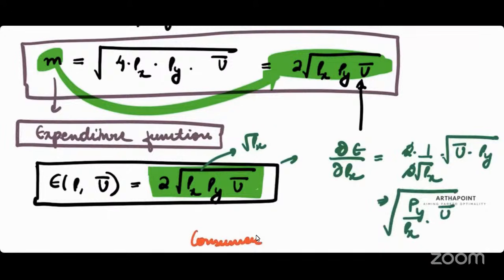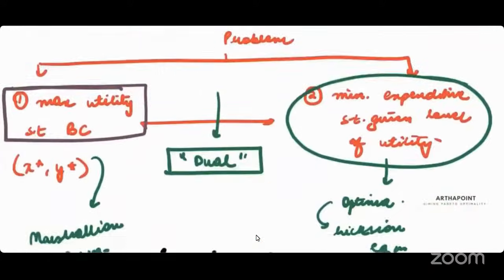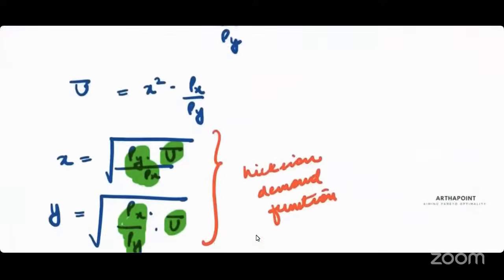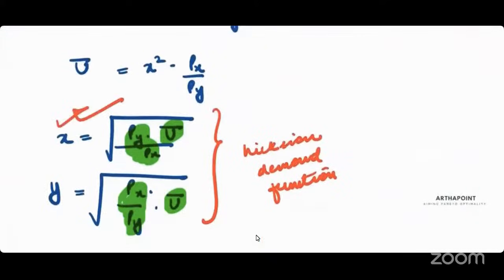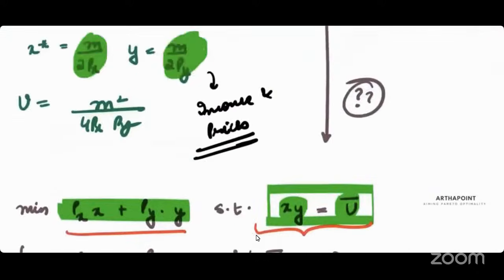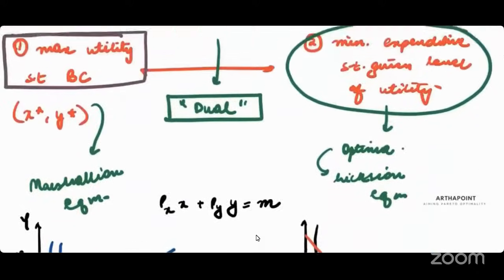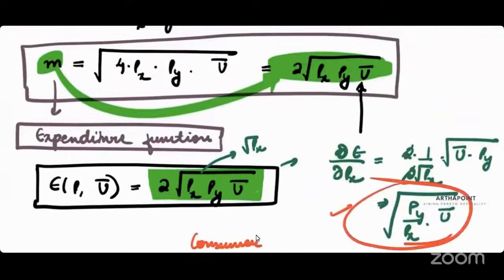And you can clearly see that this is exactly what I got after solving through the other method: py by px u bar under root. So this is what Shephard's lemma suggests, that you simply differentiate your expenditure function with respect to the prices, and you will get your Hicksian demand function.